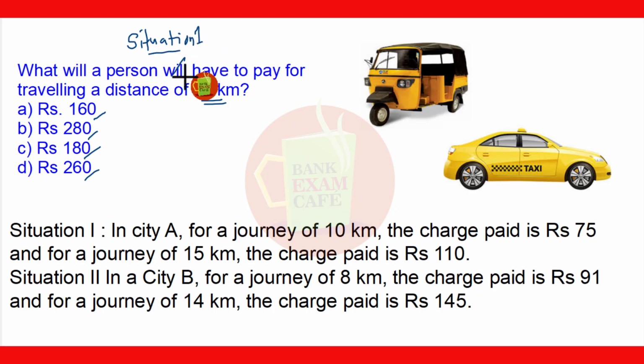In the first question we have solved, we have got the two equations. By solving those two equations you can get x and y, and then you can say what is the total fare for the 25 kilometers. So solve this and write your answer in the comment box.